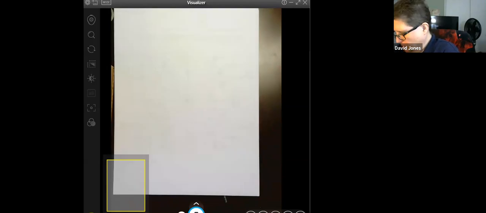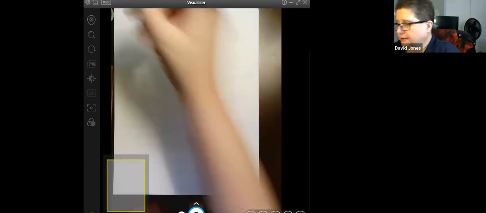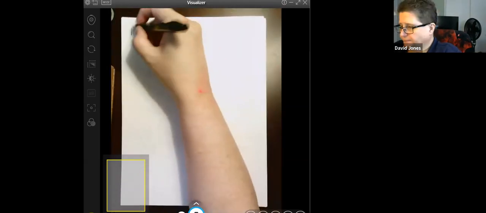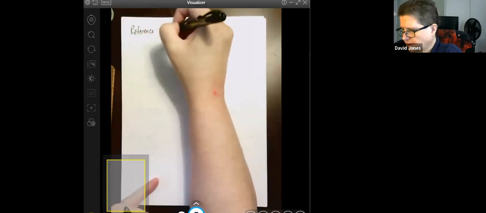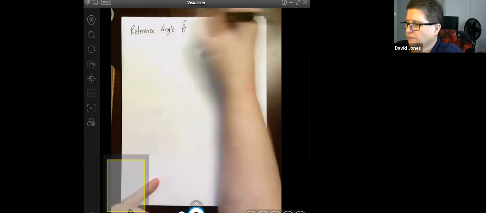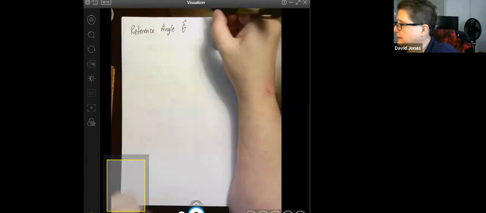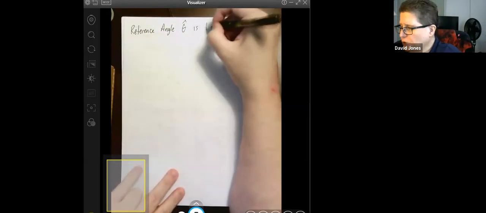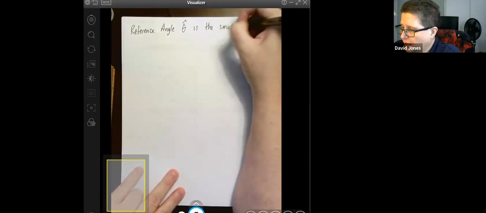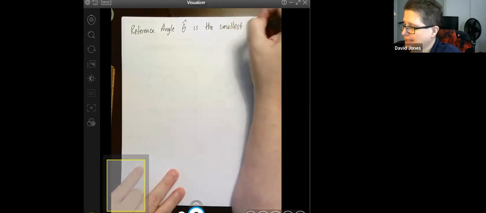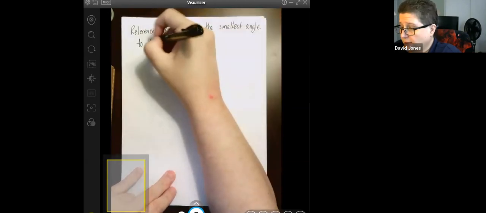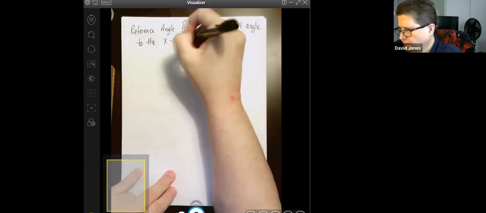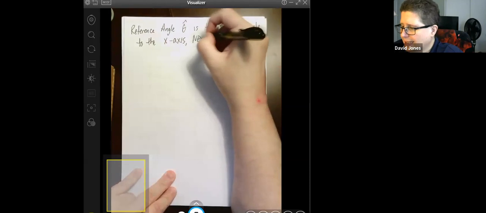Okay, so as a reminder, the reference angle theta hat is the smallest angle to the x-axis. It always goes to the x-axis. Never the y-axis.